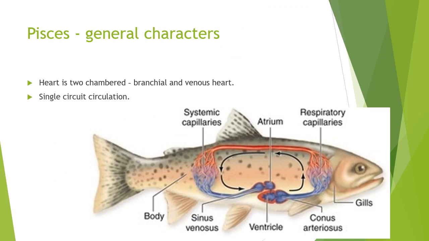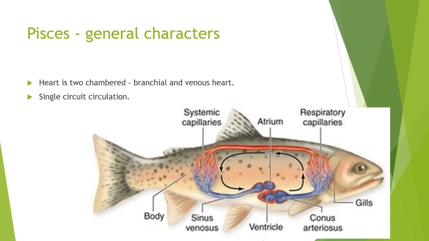And coming to that, here the heart is two chambered. As you see in the diagram here, this is the heart, and this is the atrium and this one is the ventricle. Here these two are the true chambers.